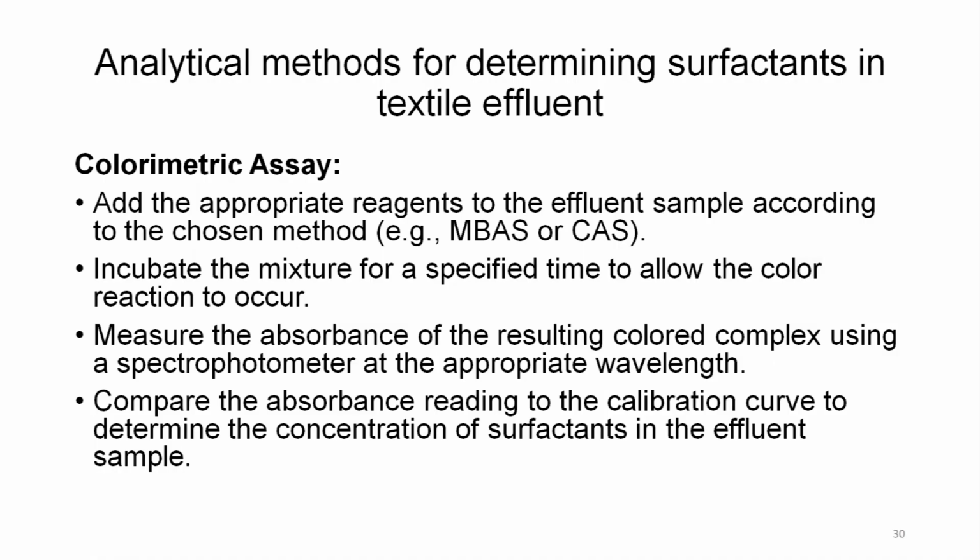Colorimetric assay. Add the appropriate reagent to the effluent sample according to the chosen method, whether we want to use MBAS method or CAS method. Incubate the mixture for a specified time to allow the color reaction to occur. Measure the absorbance of the resulting colored complex using a spectrophotometer at the appropriate wavelength. Compare the absorbance reading to the calibration curve to determine the concentration of the surfactant in the effluent sample.